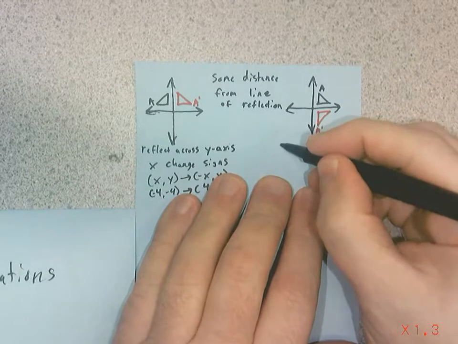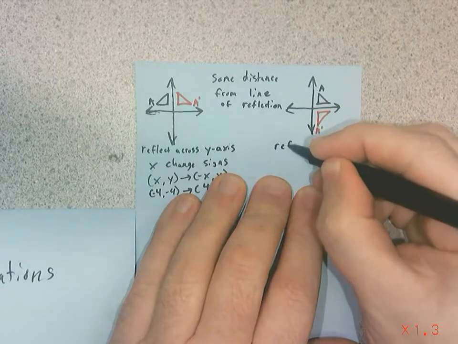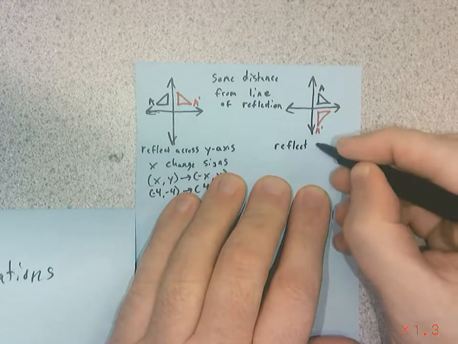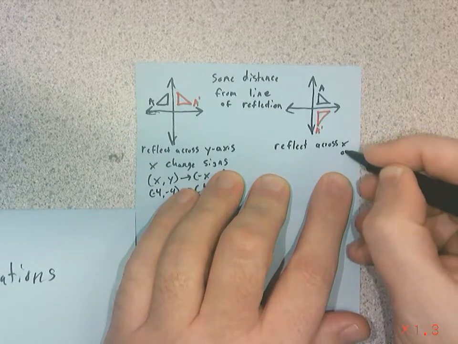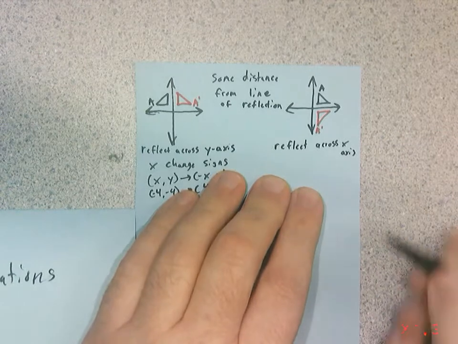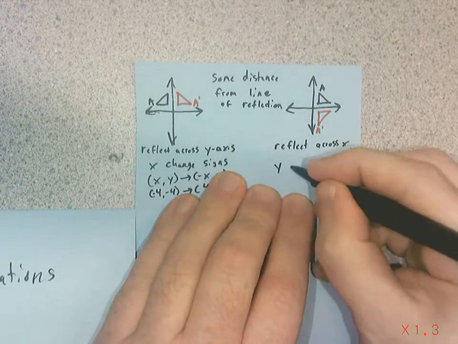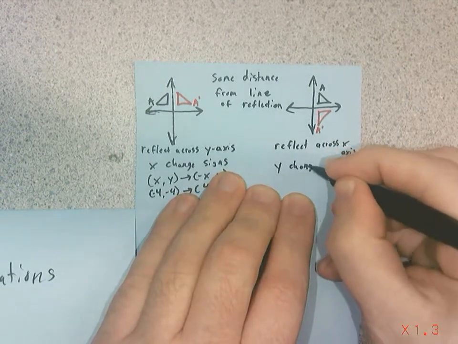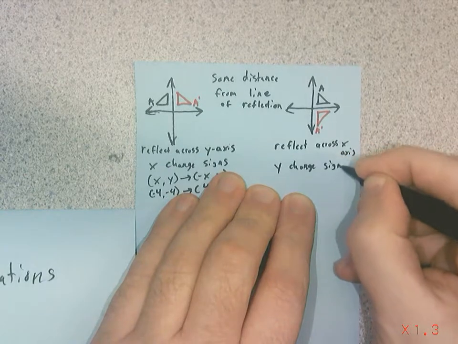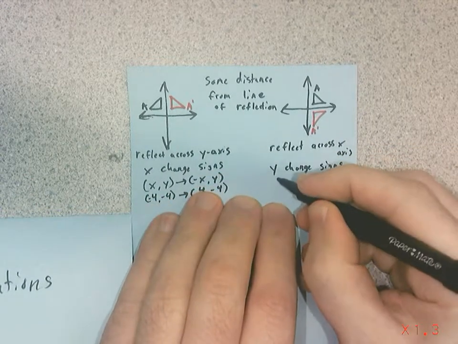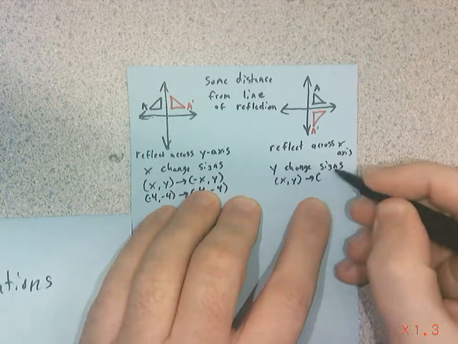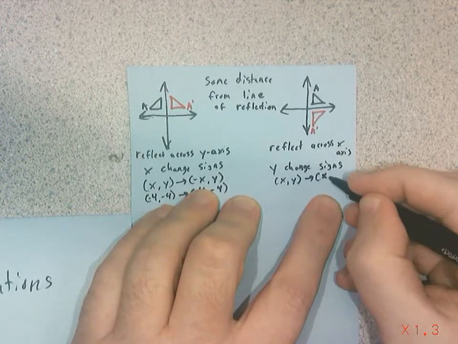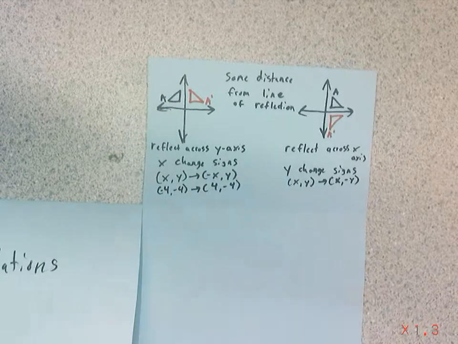And basically what happens when you reflect across the x-axis is that the y changes signs. So generically, x y is going to become x negative y, or whatever the sign was would change.